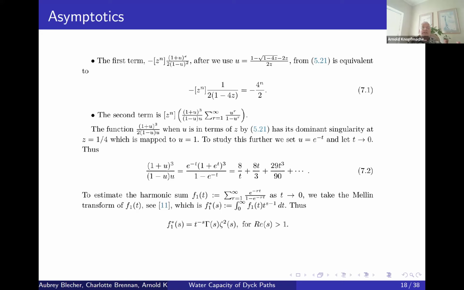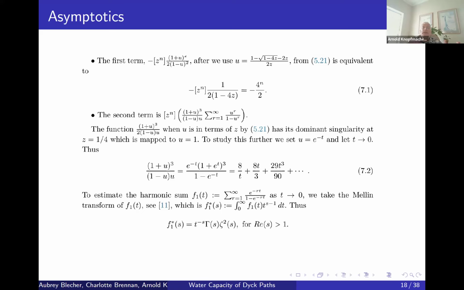We can therefore rewrite the first fraction in terms of t, and it's fairly easy, especially with the help of computer algebra, to do a series expansion for that. But the next part is we need to work out the sum, r is 1 to infinity, of u to the r over 1 minus u to the r. But you see that we've now rewritten this as a sum in terms of the t variable.